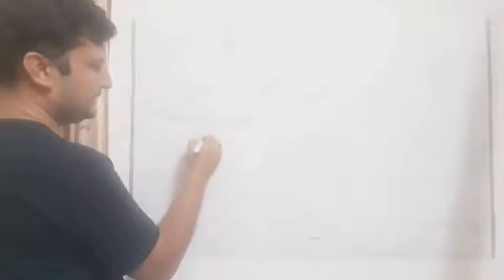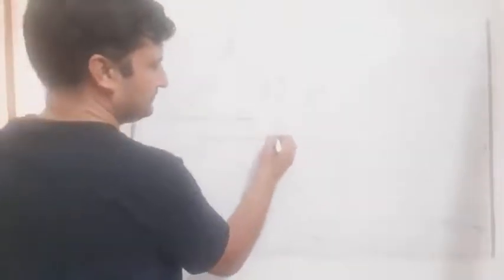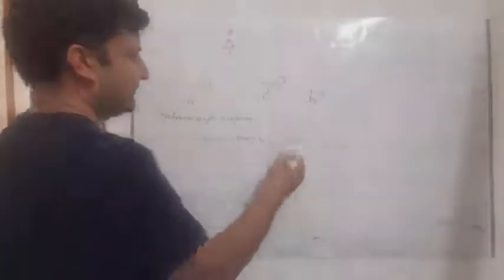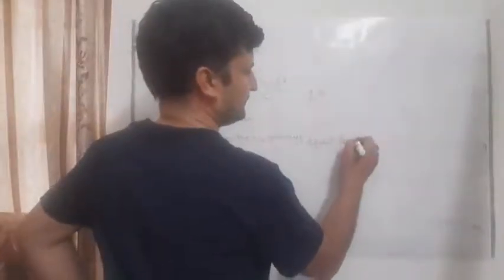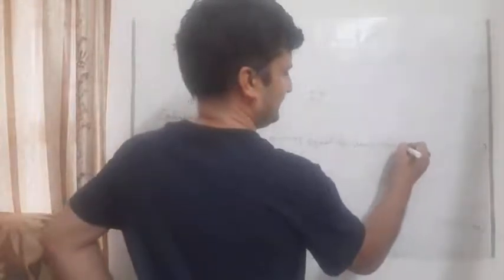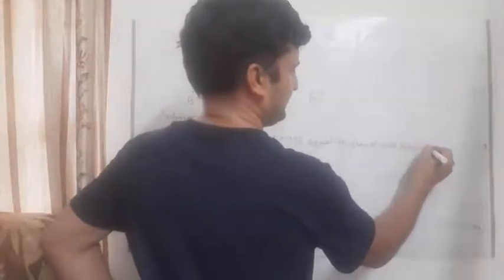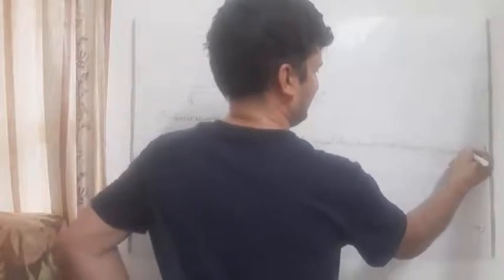क्या होता है, एक्सटीरियर एंगल इज ऑलवेज इक्वल टू the sum of two interior opposite angles.